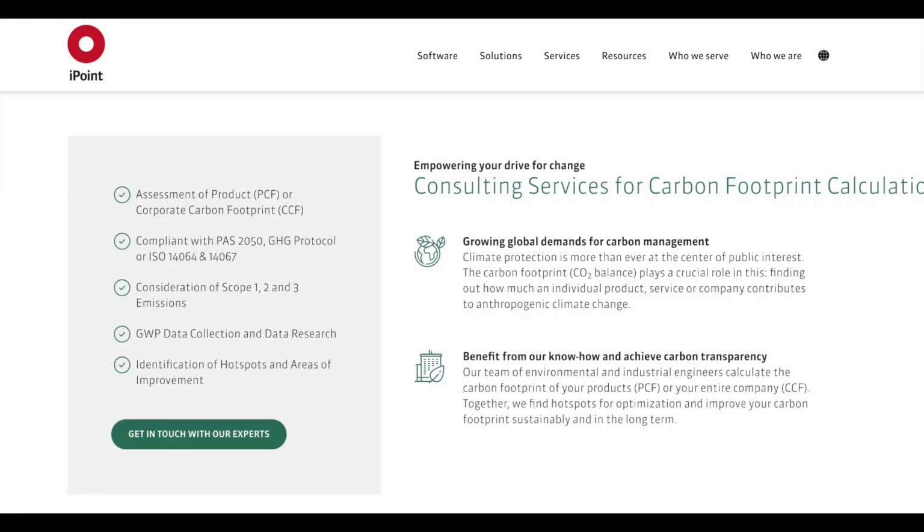You know, if you're not of a mind or have the capability or scale to do this measurement yourself for your own products, there are a number of third-party companies that'll do the measurement for you. The aforementioned Carbon Mines is one of them, iPoint Systems, Sphera, Quantis, which is a BCG, Boston Consulting Group company.